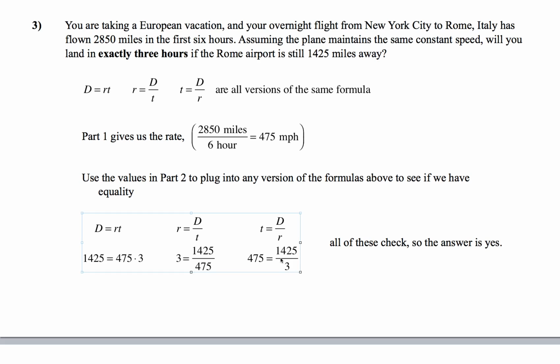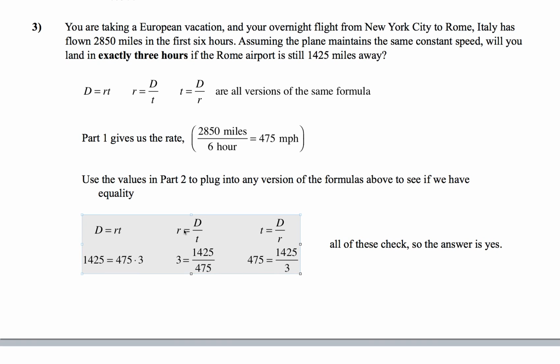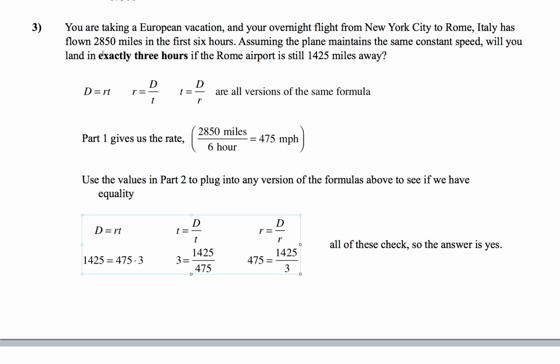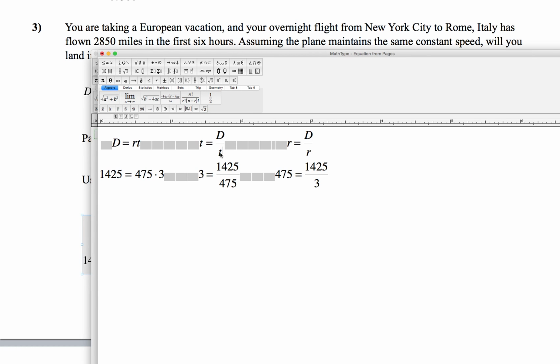And as a matter of fact, I have these backwards here. This should be time, because the time is 3 hours, and this should be the rate, because the rate is 475 miles per hour. So when you plug those values in, distance 1,425 divided by the rate, which is 475, then you will get the time 3 hours right here.